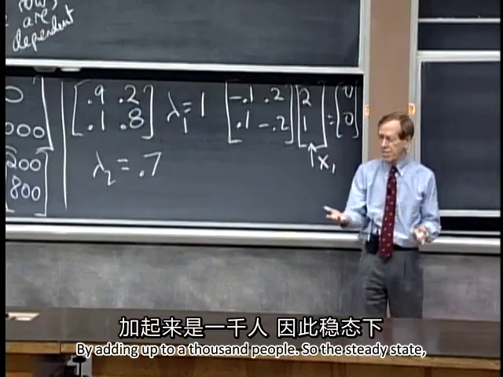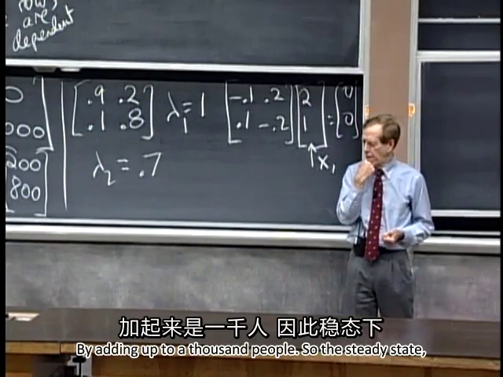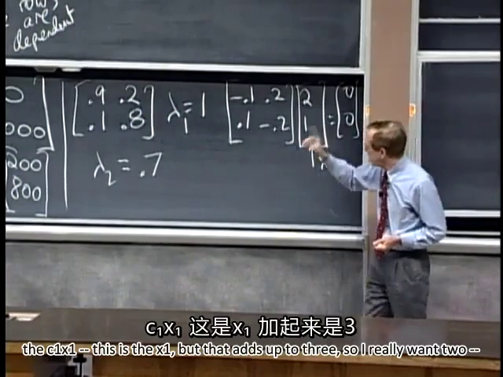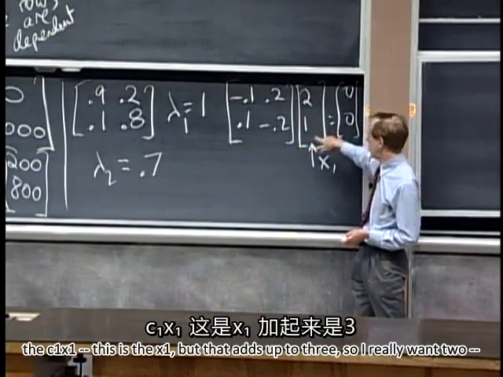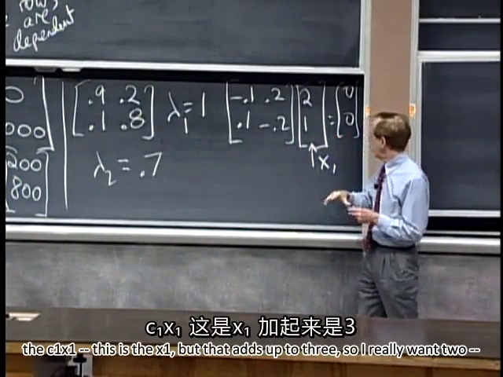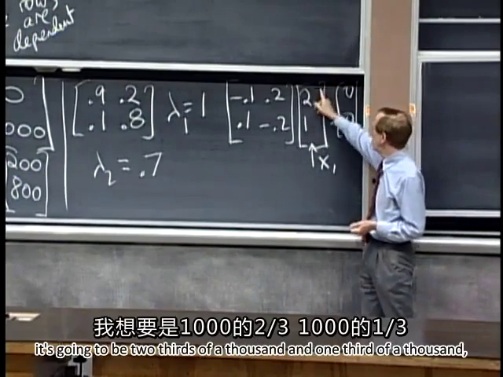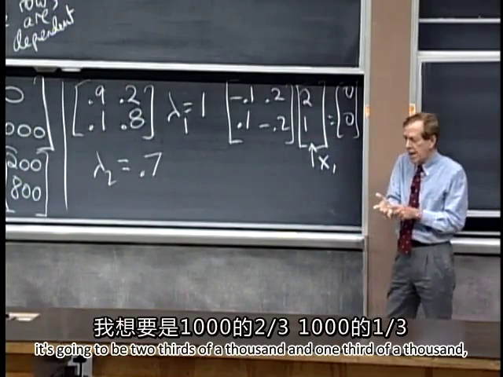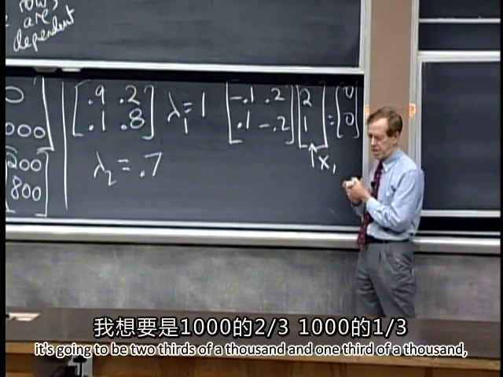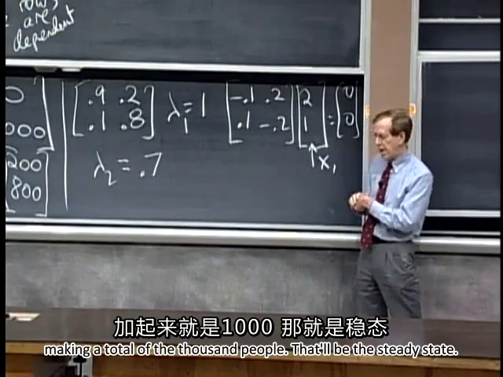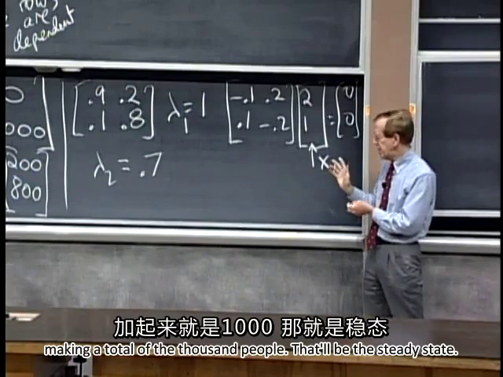By adding up to 1,000 people. So the steady state, C1 x1, this is the x1, but that adds up to 3. So I really want 2/3 of 1,000 and 1/3 of 1,000, making a total of 1,000 people. That'll be the steady state.